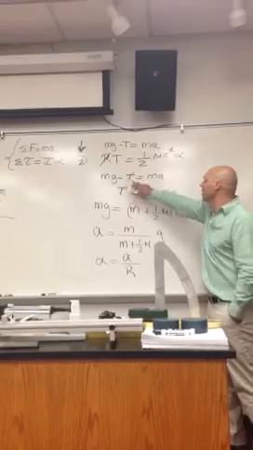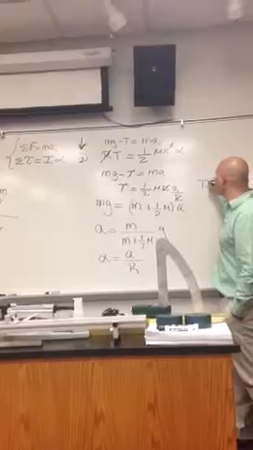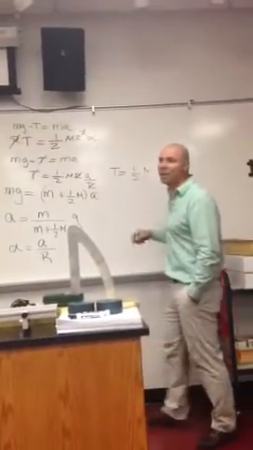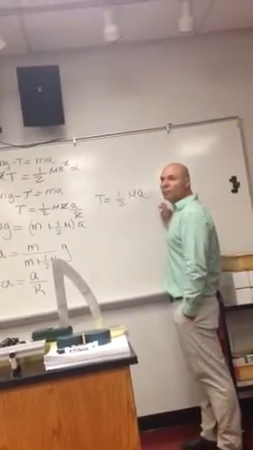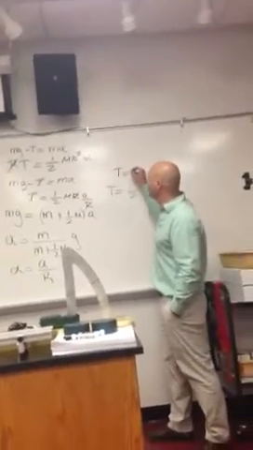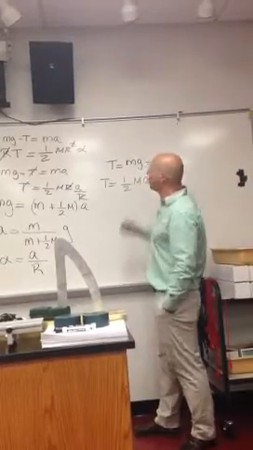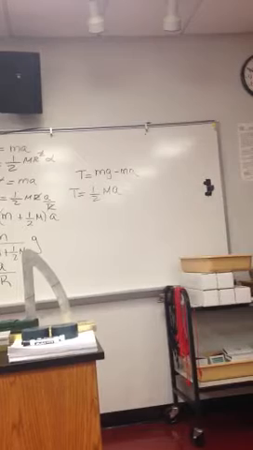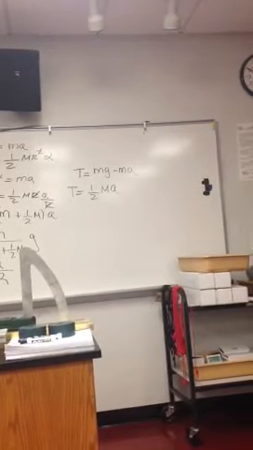So you can say T will be mg minus ma, one way, or T is equal to 1/2 ma, because already everything else cancels out. So you can substitute into this equation, or into this equation, which will be mg minus ma. Either way, you can find the tension. Any question applying the Newton laws of motion when we have object and pulley?